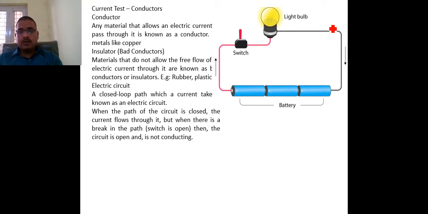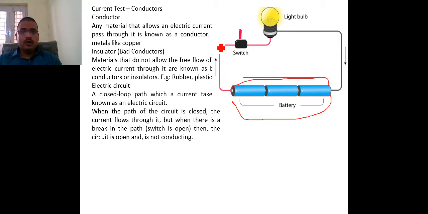Now, there is one situation where there is an attachment of batteries. Individually they are cells, and when these cells are connected together they become a battery, as you already know from class 6th.